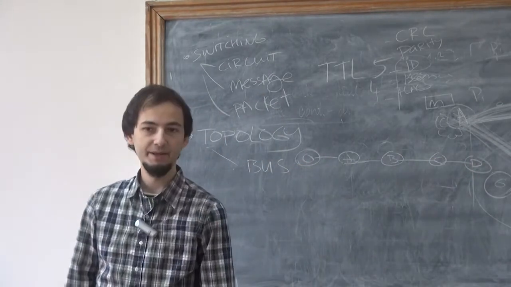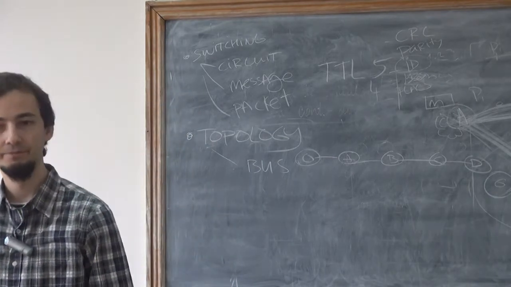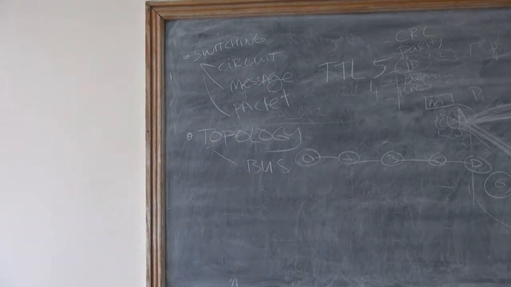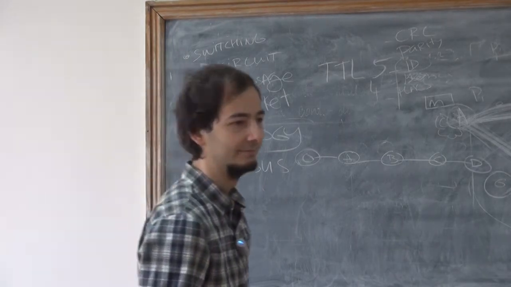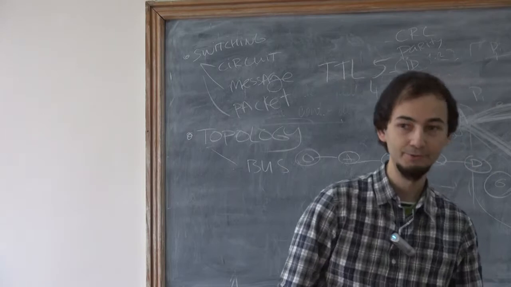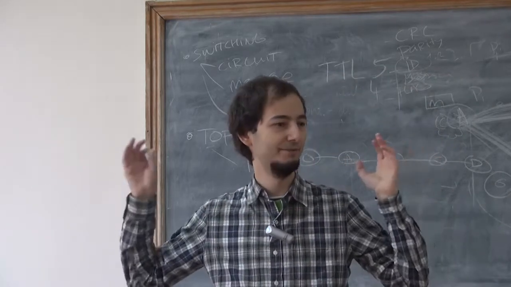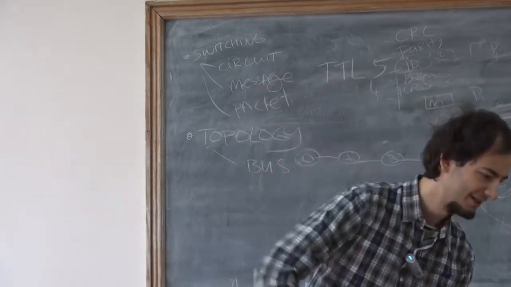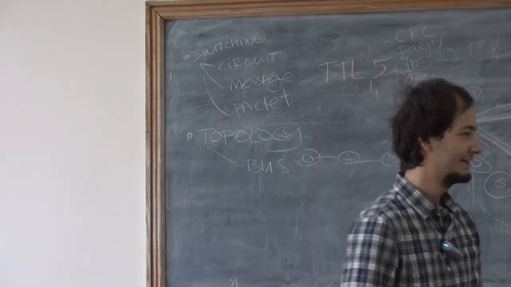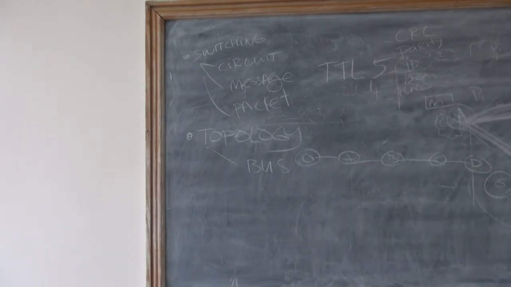What are the benefits of such a topology? What do you think? Little wires. So you don't have to have a lot of wires around. It means less holes to dig, less holes to drill through walls, which is a good thing.